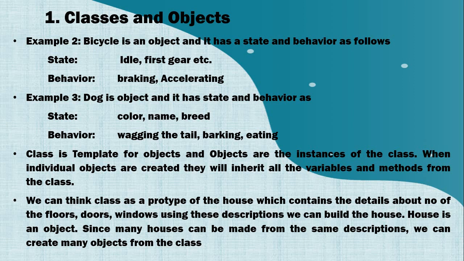When individual objects are created, they inherit all the variables and methods from the class. We can think of a class as a prototype of a house. It will contain details about the number of floors, doors and windows. Using these descriptions, we can build the house.